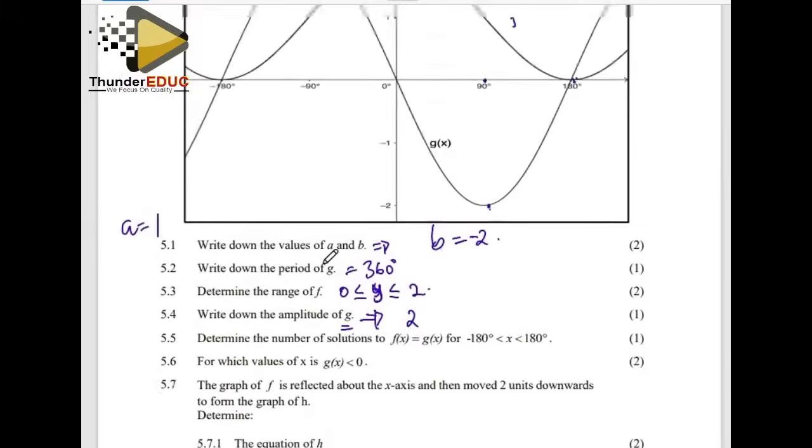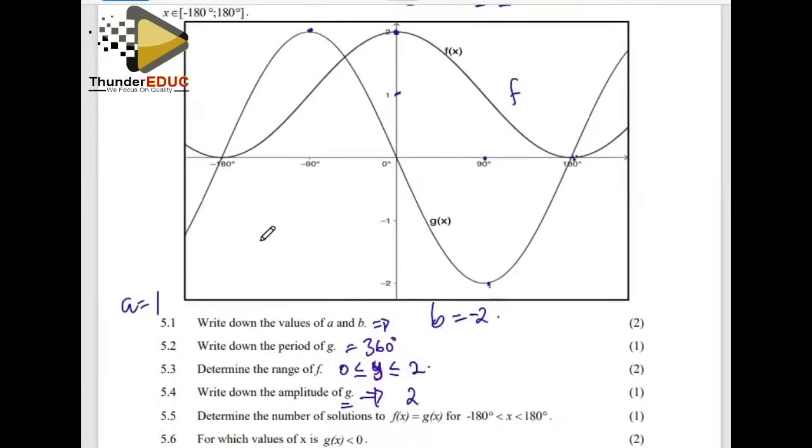And then determine the number of solutions we have where f of x is equal to g of x. So number of solutions is how many points are the two graphs meeting. This is point number 1, point number 2, point number 3. So we have 3 solutions. Okay, so if it is 3 solutions, we call between negative 180 and the positive.